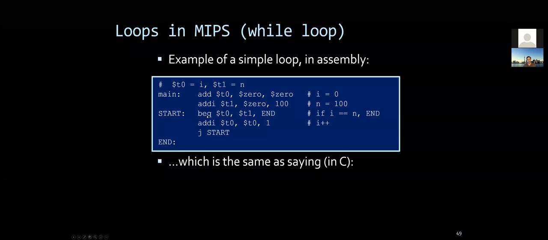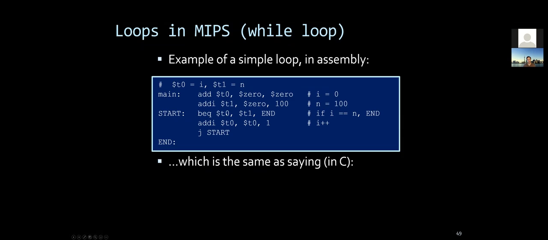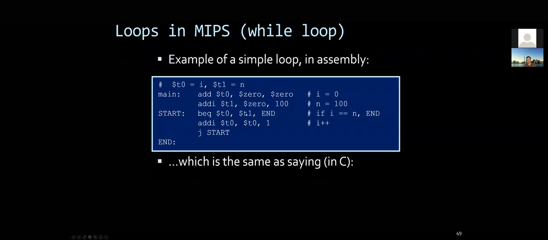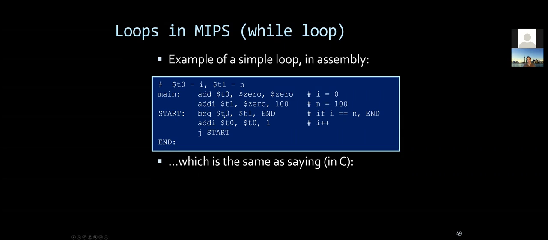And then we have a branch equal of T0, T1. So essentially when T0 eventually reaches T1, which is 100, we would need to jump to the end, but otherwise we would keep adding i++ and going back to the start.